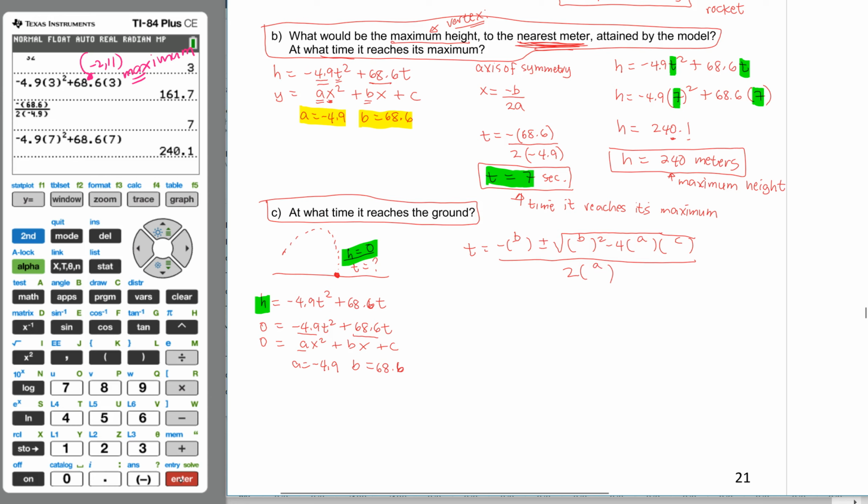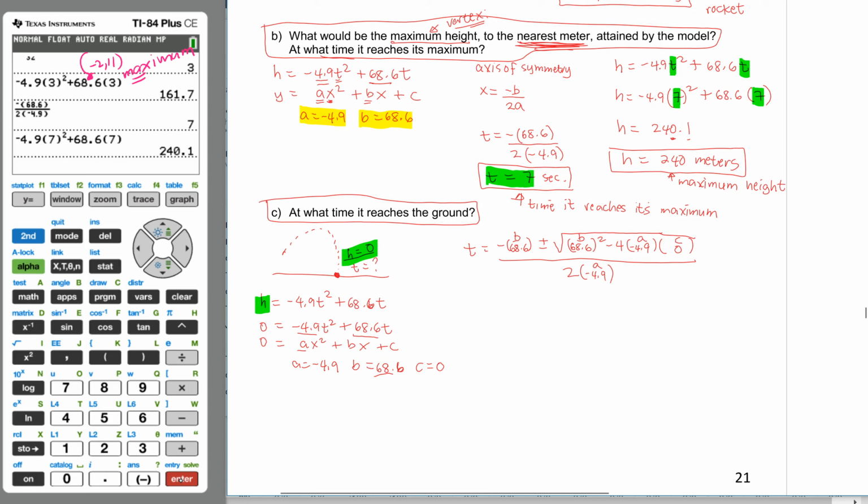I forgot, c is 0. So b is 68.6, this is also 68.6, and a is negative 4.9. C is 0, and your a is negative 4.9.